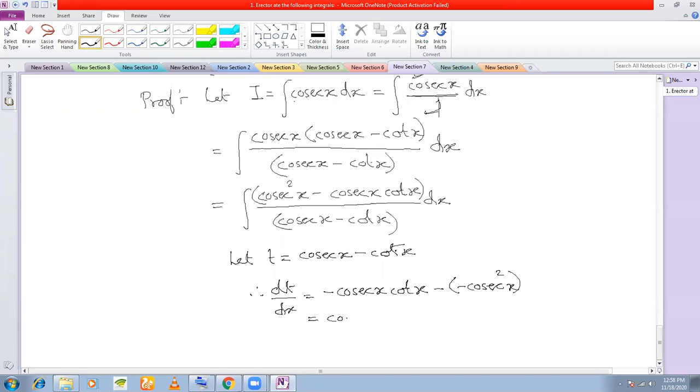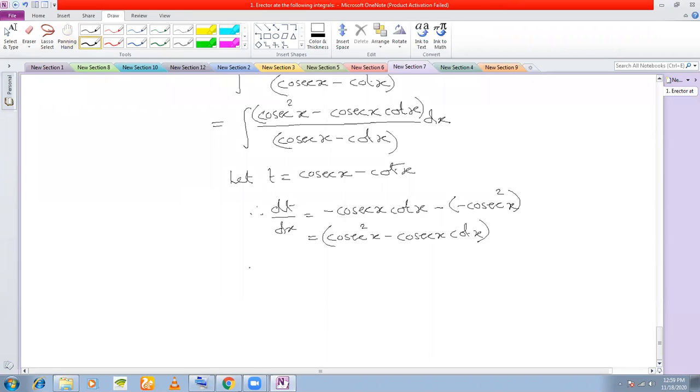You're getting cosec square x minus cosec x cot x, right? So are you getting the numerator here? Yes, we are getting. That means what is dt here? dt here is cosec square x minus cosec x cot x dx.